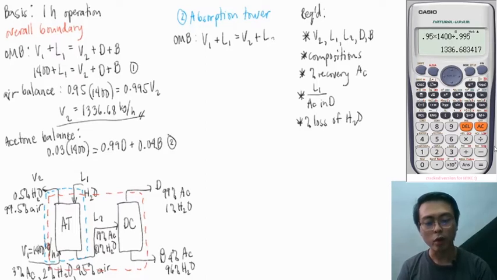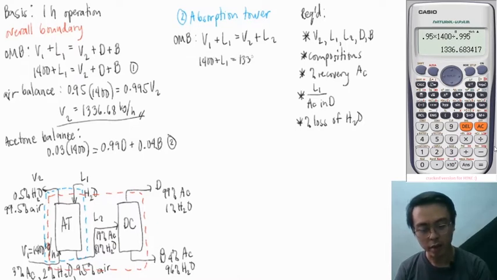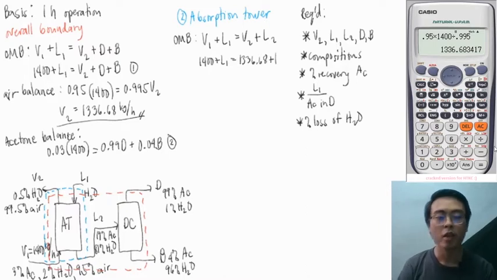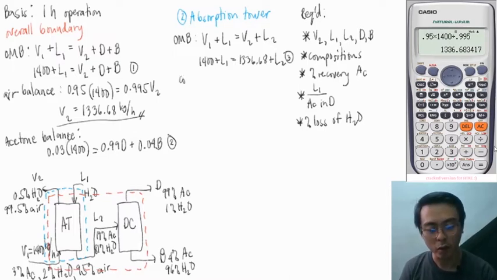We know the values of V1 and V2, so we can substitute. This is 1400 plus L1 equals 1336.68 plus L2. We now have another equation. We call this equation number 3, wherein we have two unknowns, that's the L1 and L2. Now, we can also perform a component balance for boundary number 2.